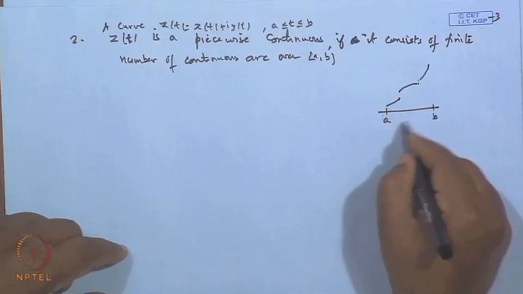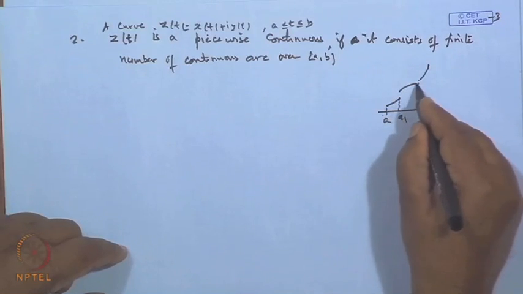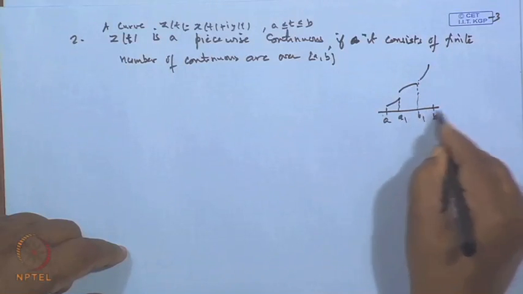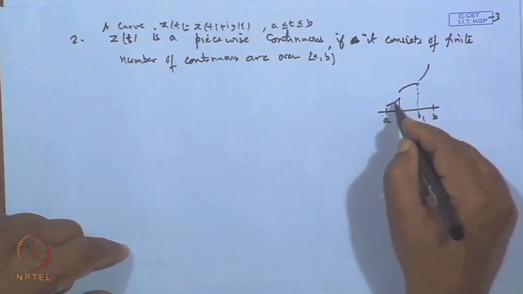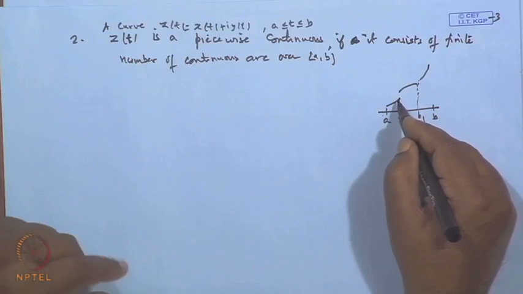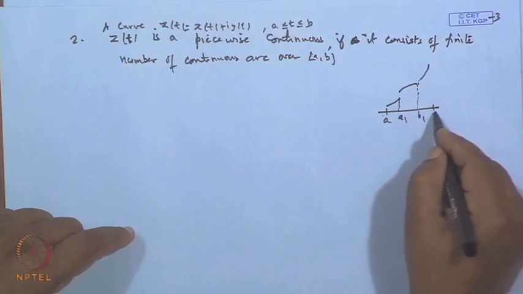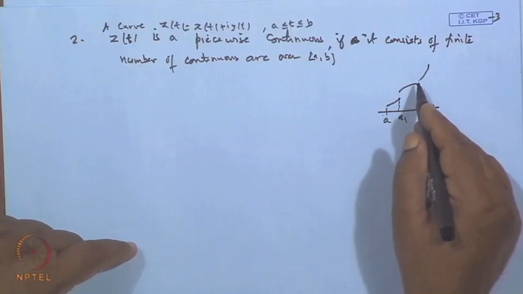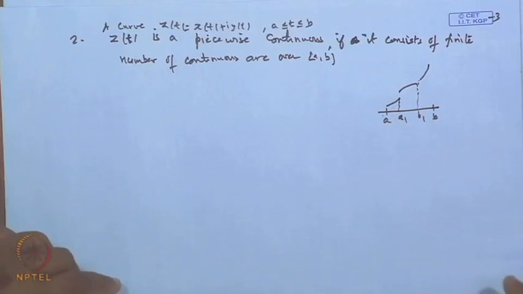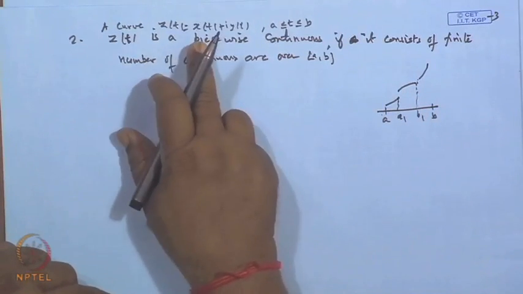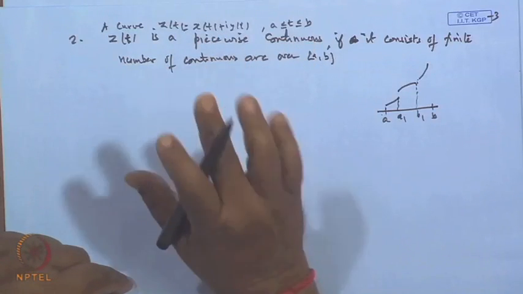But if I subdivide the interval a b into a to b1 and then b1 to b, then in each subinterval the curve is continuous. So, the curve as a whole from a to b will be considered a piecewise continuous curve. Okay. Similarly, if the function is differentiable, its x and y both will be differentiable functions.